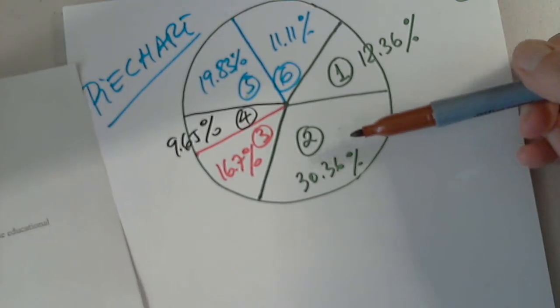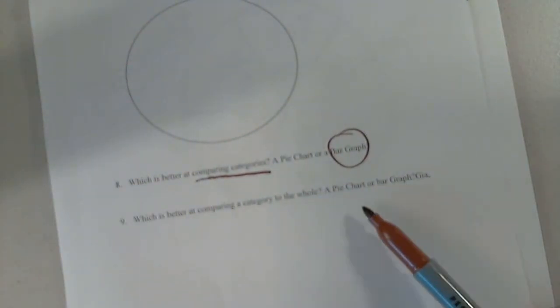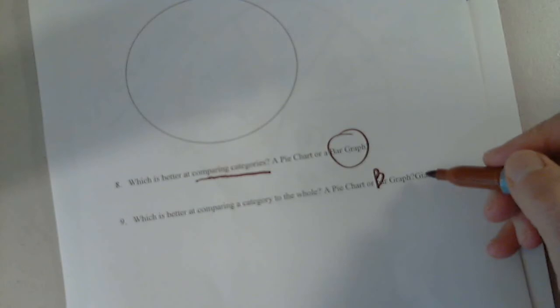Which is better at comparing a category to the whole? A category to the whole. Which one is better, a pie chart or a bar graph? Yes, indeed, it's a pie chart.